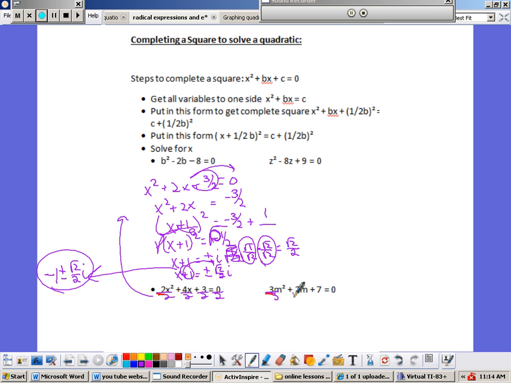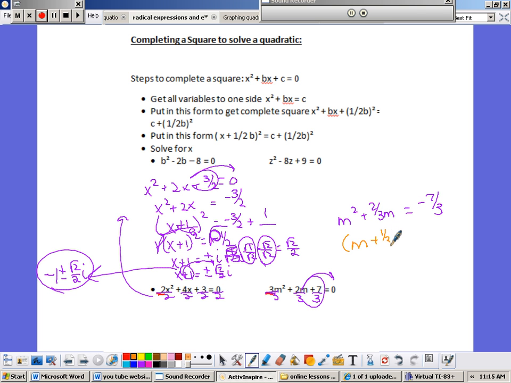Again, no leading coefficients, divide by 3. So m squared plus 2/3 m. I'm going to move this 7/3 over if you don't mind while we're at it, negative 7/3. M, half of 2/3 is 1/3.